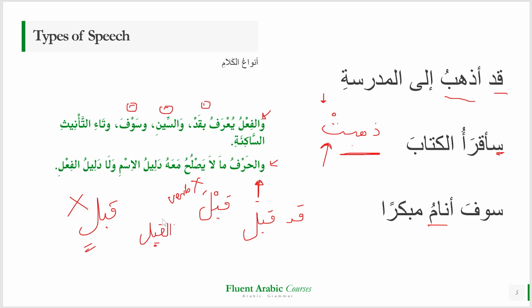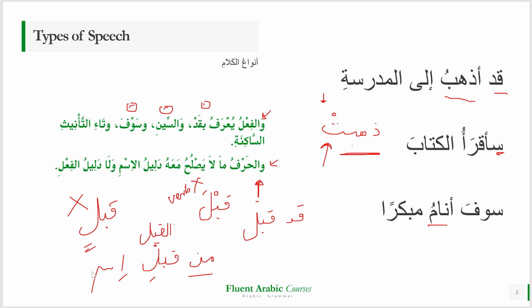But does it take the khafd, the state of jar? We can say min qabli. Min qabli. So as it takes the state of jar, then it has to be an ism.